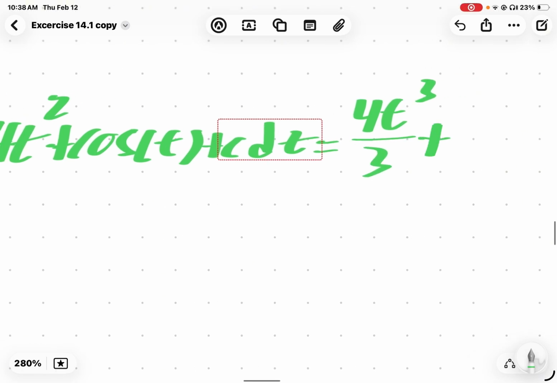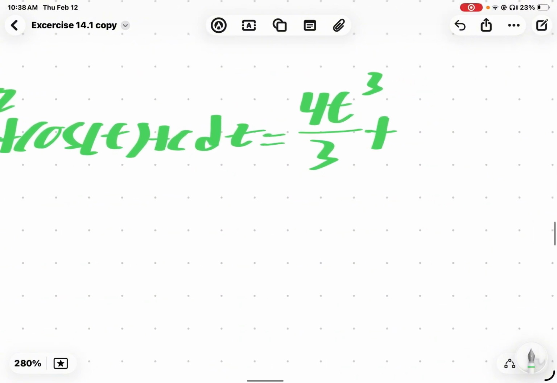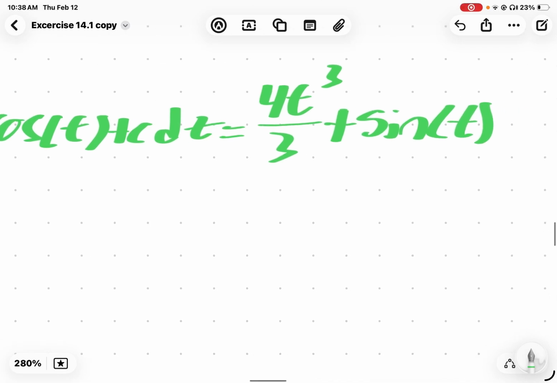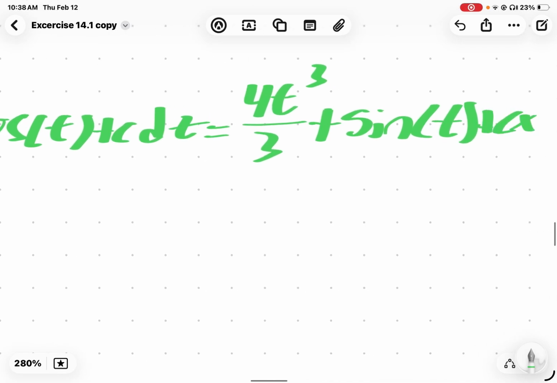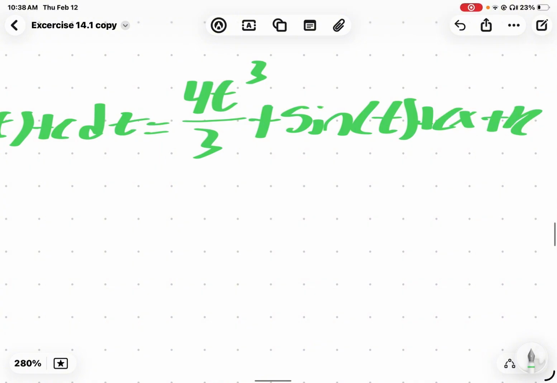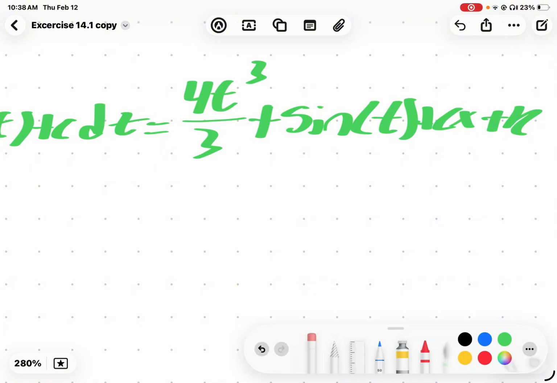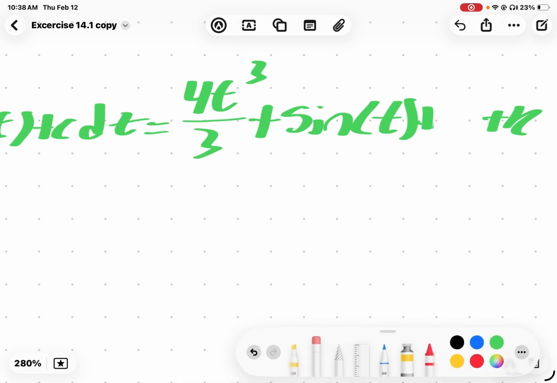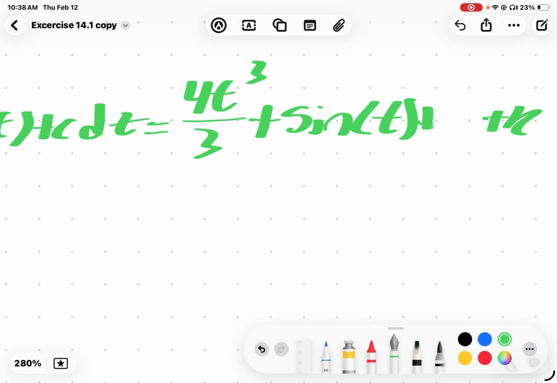And then the derivative of sine is cosine, so the antiderivative of cosine is sine. And then we have plus cx plus k. But this needs to be c times t.